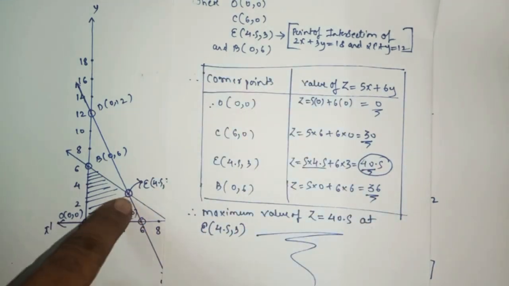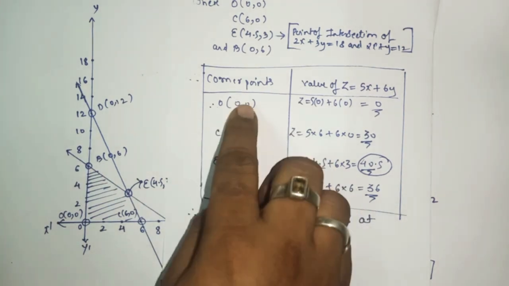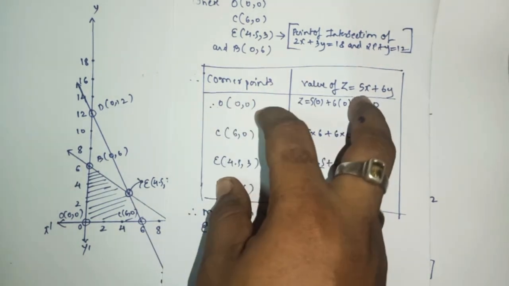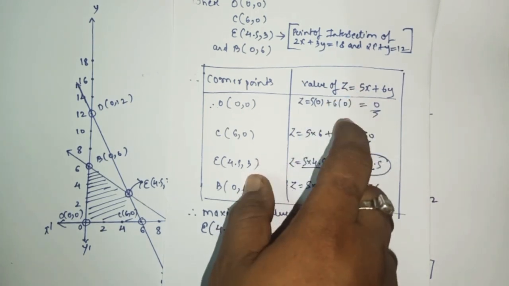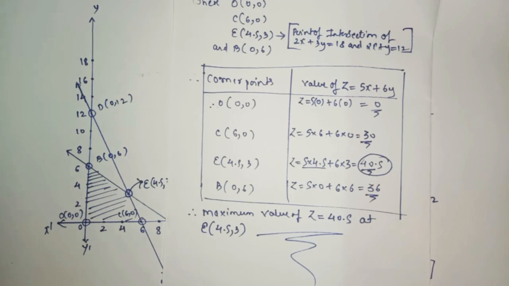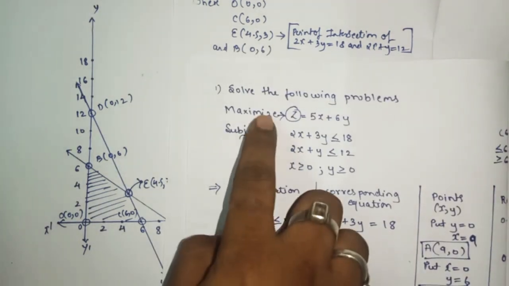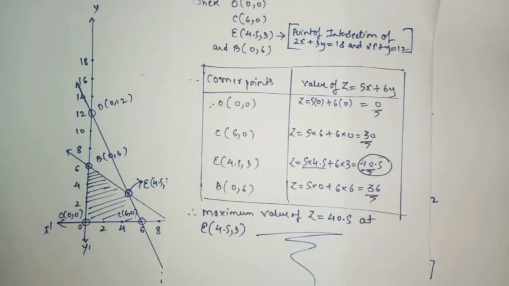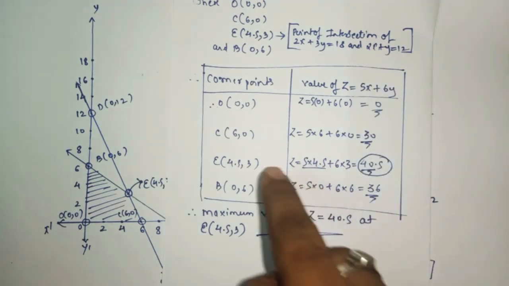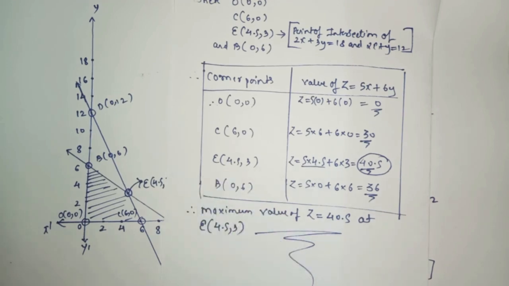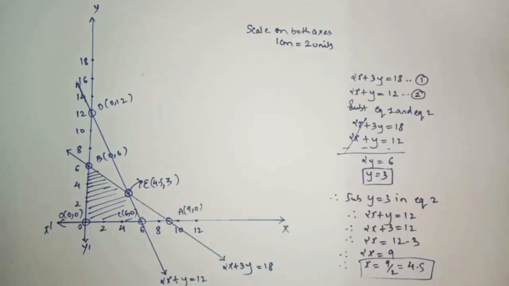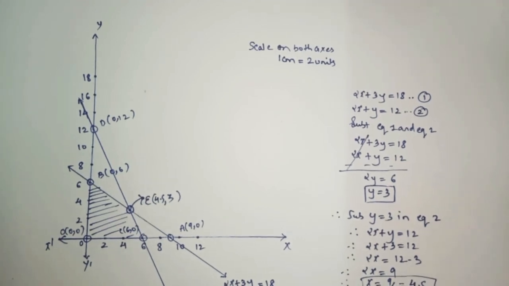Simply substitute the values of x and y in the value of z to get the maximum value, as the question says we have to find the maximum value of z. Clearly the maximum value of z is 40.5, at E, 4.5 comma 3. I hope you all understood how to present the sum for this type of sum.